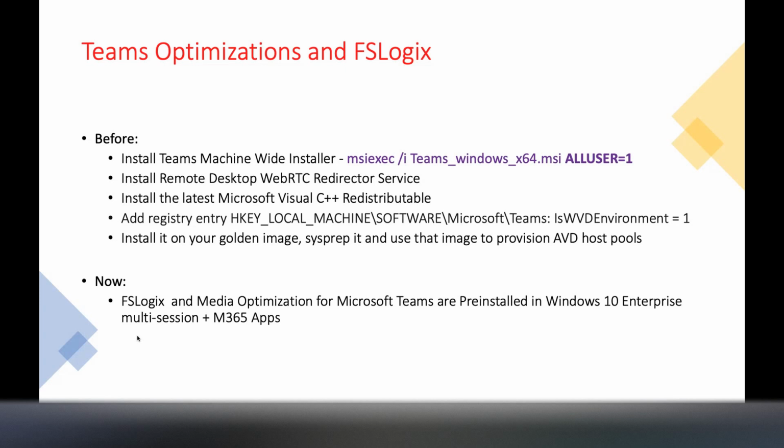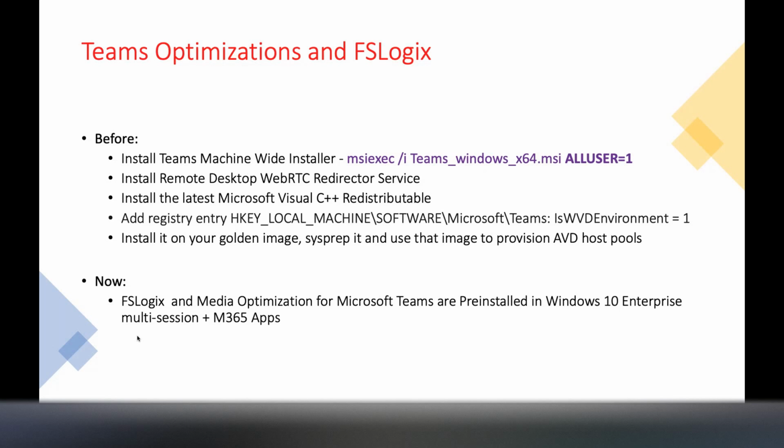Moving on, some of the optimizations that we did. In the past, especially if you are using personal desktops or pooled desktops, and if you wanted to take advantage of Microsoft Teams, you had to do a bunch of things, like install these WebRTC services, which means that you also install the latest Microsoft VC++, then add a registry entry, and then if you are packaging it in a golden image, install these things in your golden image, sysprep it, and use that image to provision host pools, right?